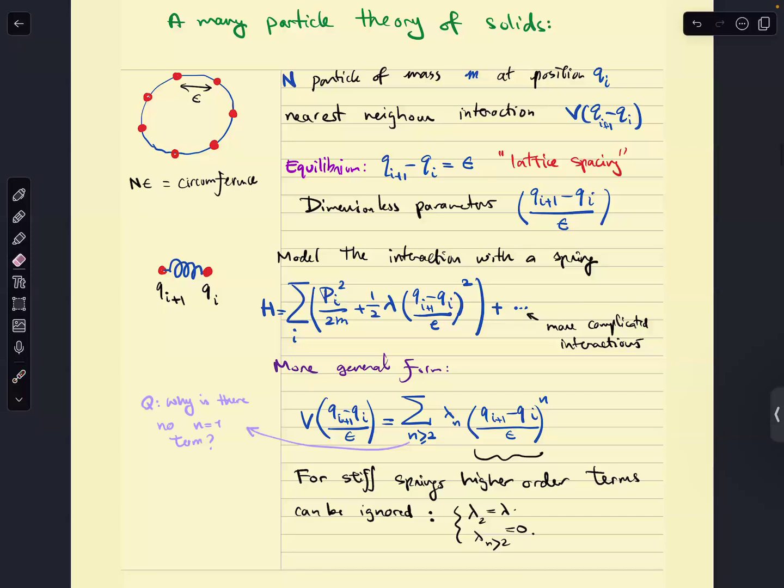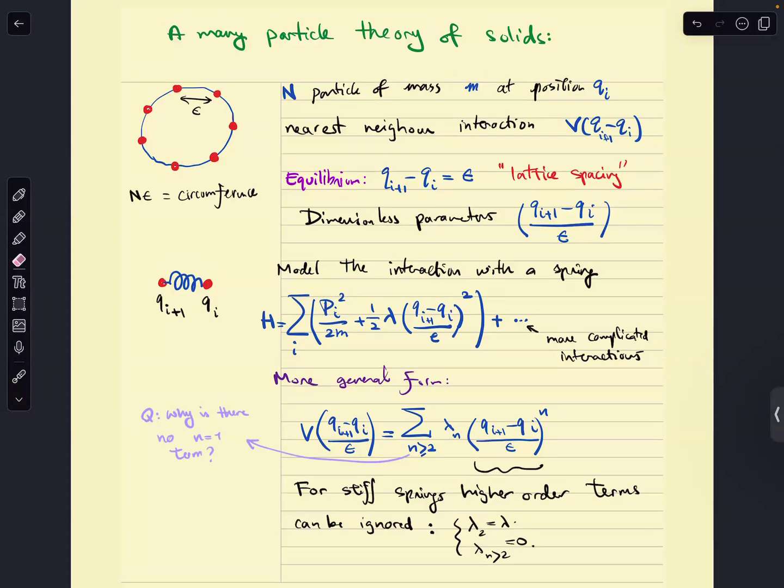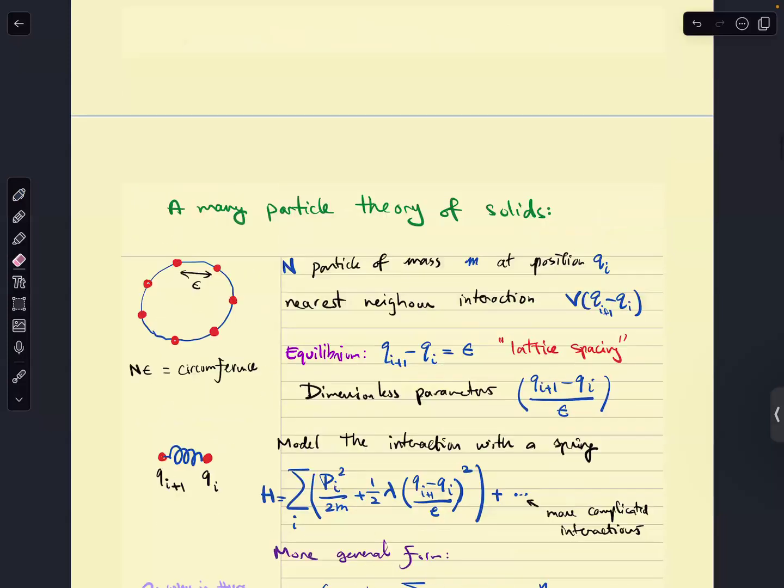So I should probably say these are x's. Oh, this is a PDF actually. All right. So let's go with this.